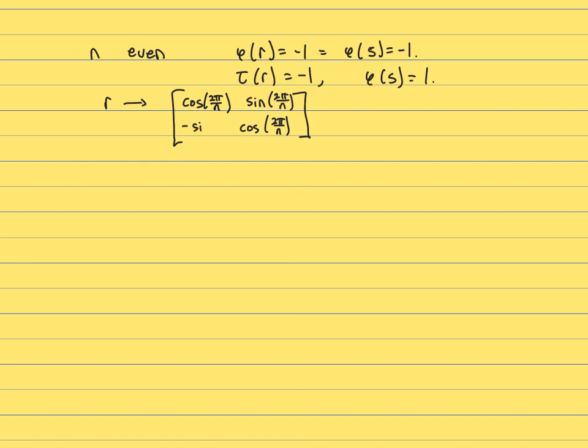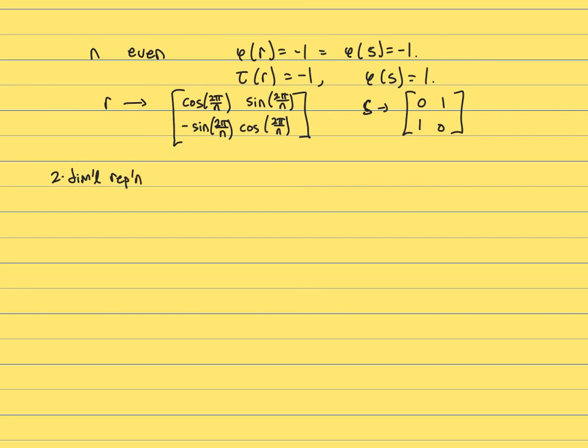One of them has to be negative. Turns out it doesn't completely matter as long as you're consistent. And then s gets sent to this matrix. This was a two-dimensional representation. It's not the only one.